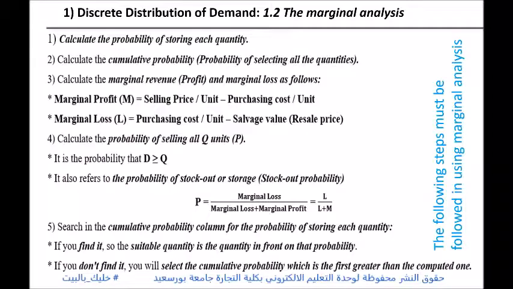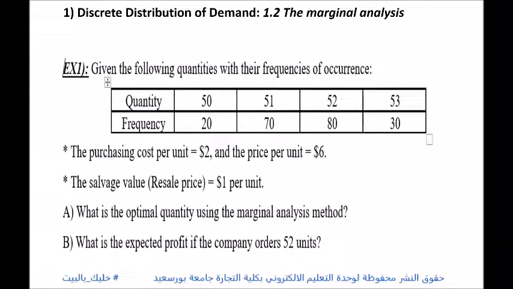The second method, the marginal analysis. To apply this method, you should follow 5 steps. To understand these steps, see the following exercise. Given the following information about quantity and frequency: 50, 51, 52, 53, and the frequency 20, 70, 80, and 30.